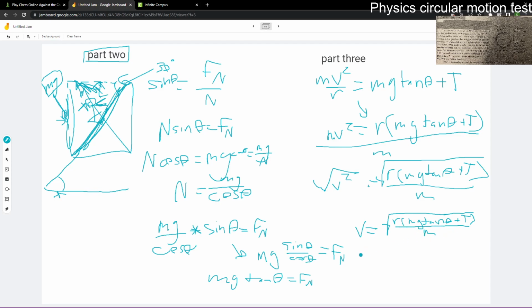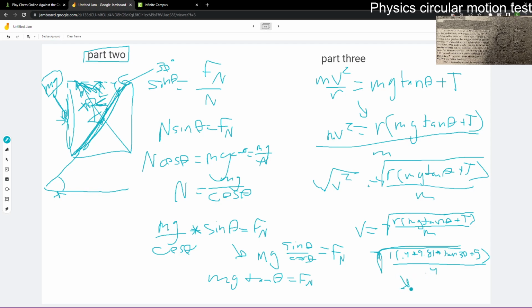Now all we need to do is plug in the numbers. We get 1 for r, times mg, which is 0.4 times 9.81, times tangent of 30, plus T, which was the 5 in the beginning, over 0.4.